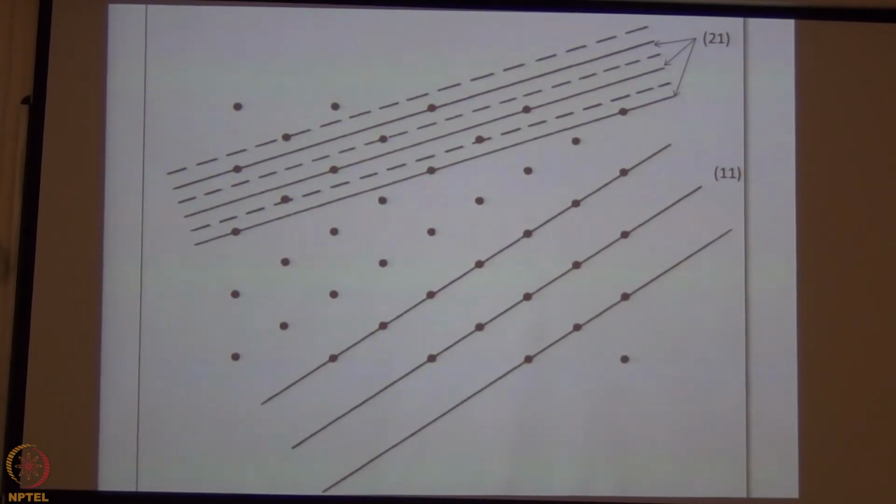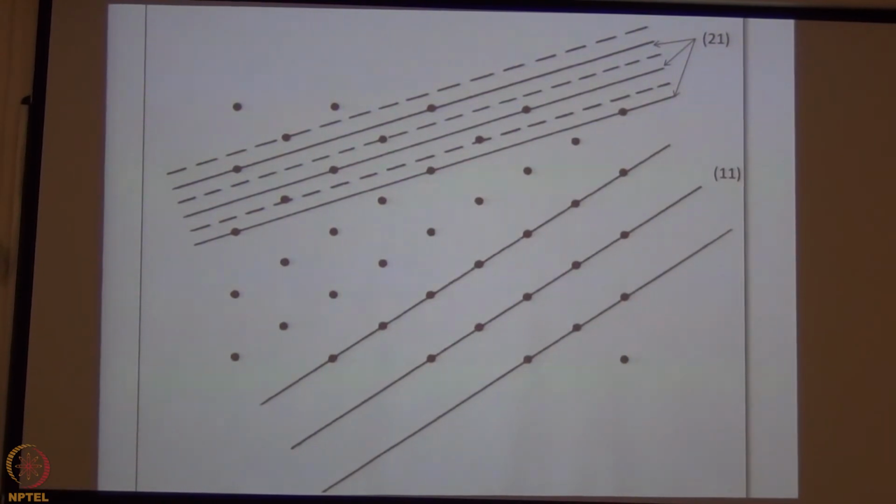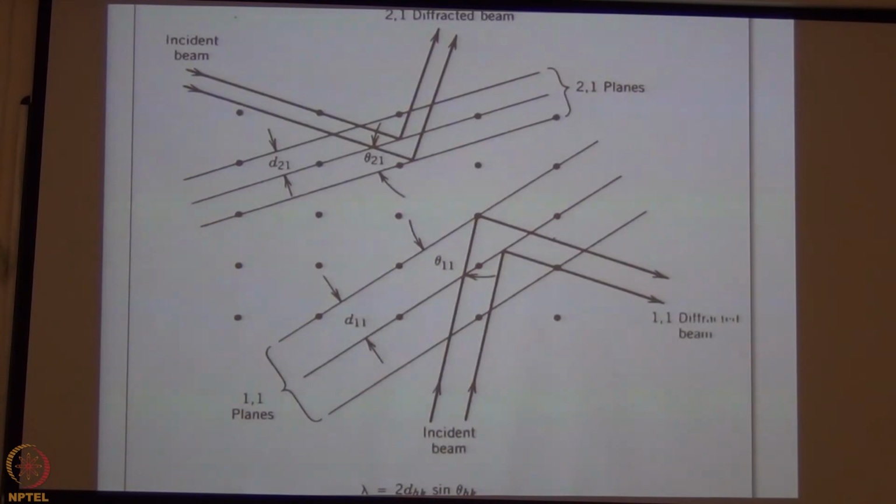So 1, 1 is there, but 2, 1 is absent. What is the origin of this systematic absence? What do you think? Why did we suddenly encounter a systematic absence condition for a centered lattice, which was not there in the primitive?